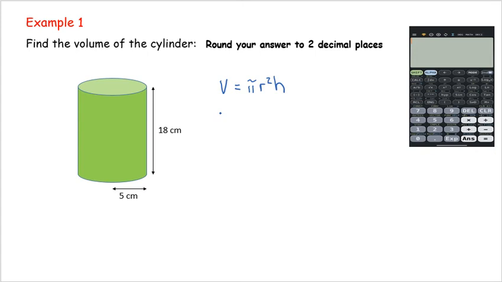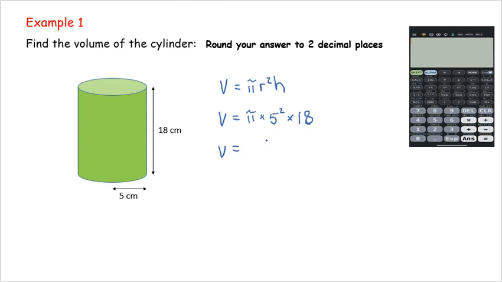Okay, so first thing to do is input the information that you know. So pi, again, is just a number that we can use our calculator for in a second. R is the radius of the circle, which is halfway across the cylinder. So in this case, this is what we're given, the 5. So multiplied by 5 squared, multiplied by the height of the cylinder, which is 18.